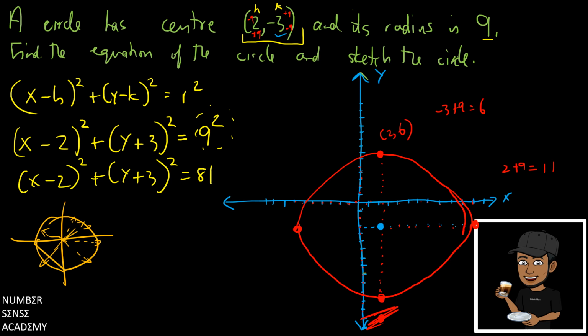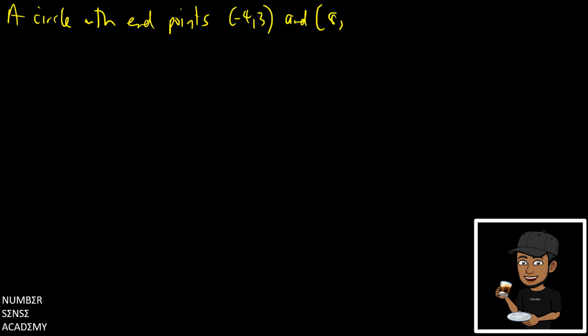Okay, and then our final example. So we have a circle with endpoints -4, 3, and 8, 8. So we need to find the equation.